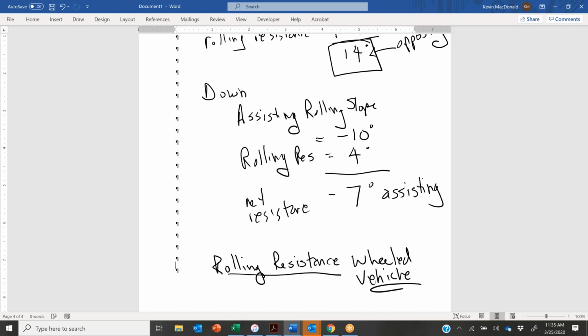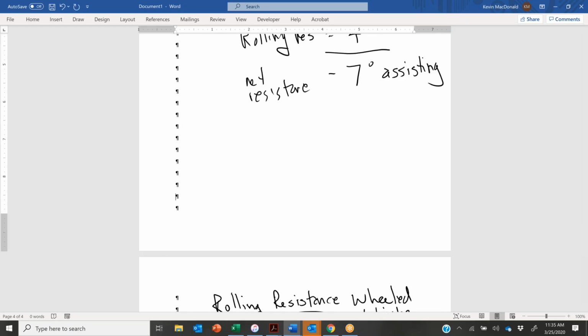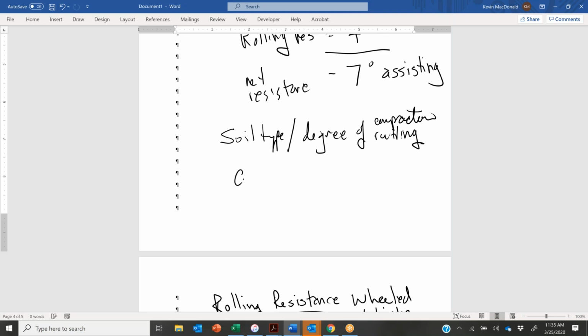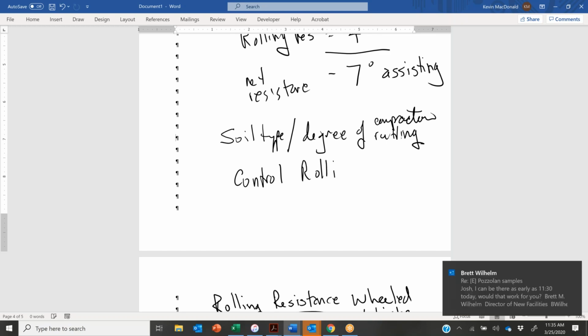And what we're going to find is that depending on our soil type and our degree of compaction and our degree of rutting, we have a different rolling resistance. So we need to control rolling resistance, and we do that using that motor grader that we saw before.